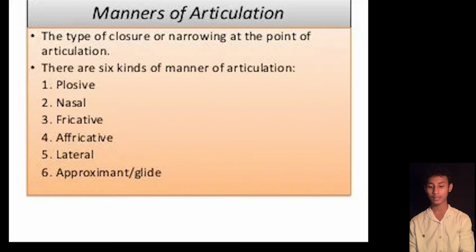And next is nasal, produced through the nasal cavity. And then there is the lateral, where air is blocked in the center and flows out at the sides. Then fricative, the sound produced by hiss, and approximant, a consonant that is produced resembling a vowel, and then stop.